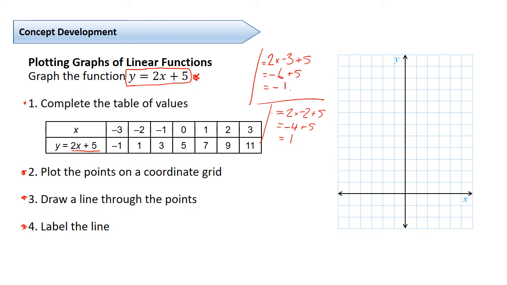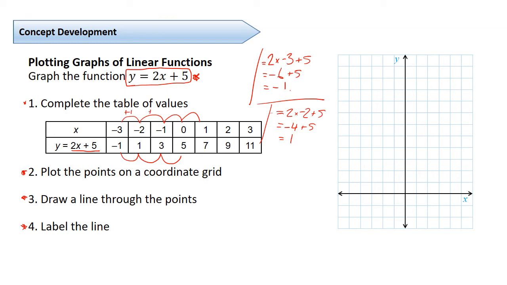Now, one thing that you guys should hopefully notice is that every time we increase x by 1, so we're always increasing x by 1, we go minus 3, minus 2, minus 1, 0, 1, etc., our y is also increasing by a certain number. So let's have a look. Negative 2 to 1, 1 to 3, 3 to 5.